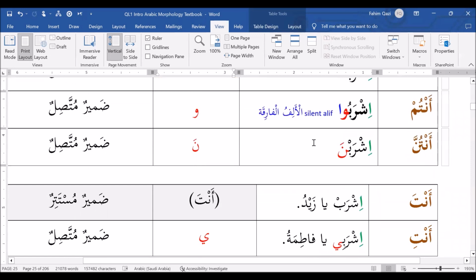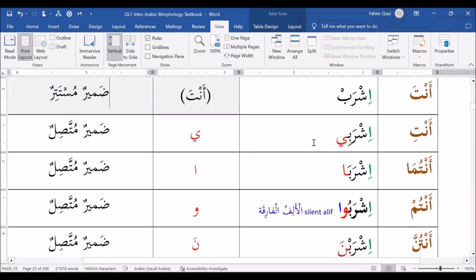And finally, we have ishrabna for antunna, where na is literally the doer. It's the doer pronoun, and it has the same meaning as antunna. It's the connected version of antunna. So na, when connected to ishrabna, has the same meaning as antunna. And of course, it's damir muttasil.